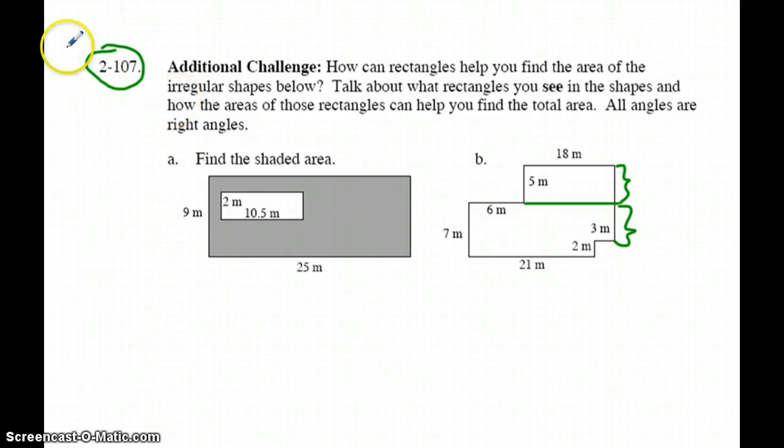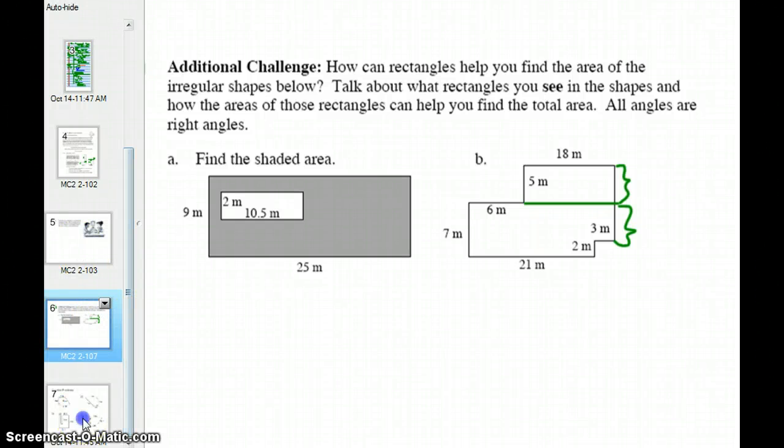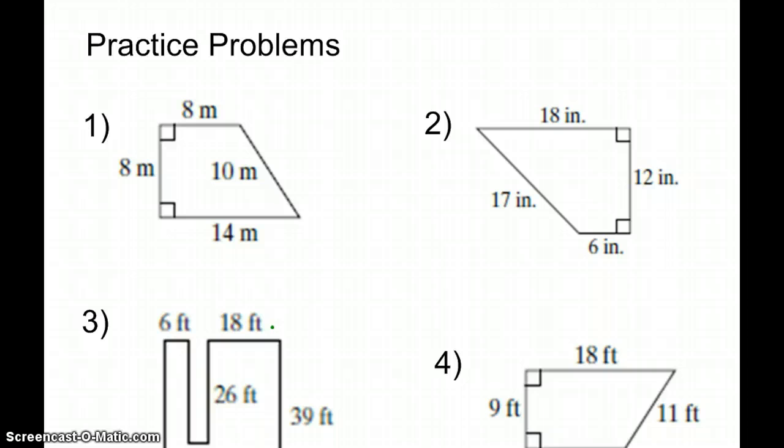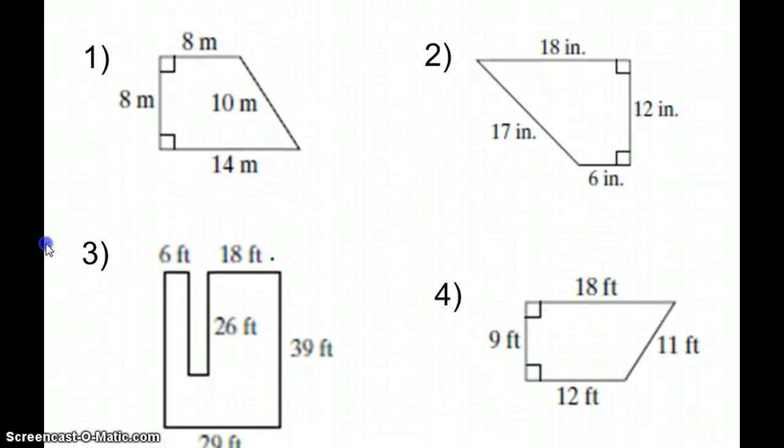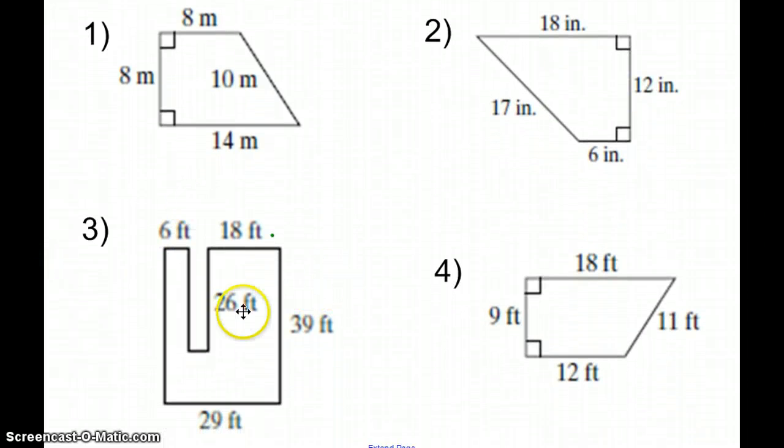Once those two things are done, I would like you to do 4 practice problems. I'd like these practice problems to be done before you receive your homework. Nothing too big and elaborate, just some irregular figures that we just talked about, making sure that you've been listening, taking notes, and understanding the concepts of today.